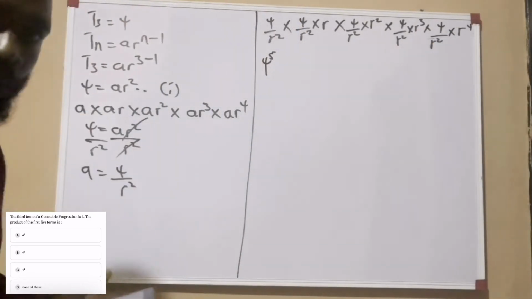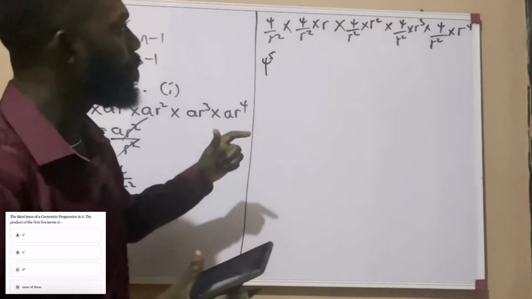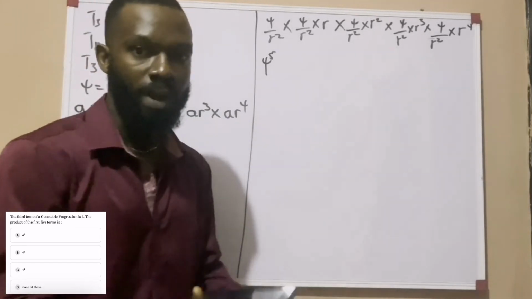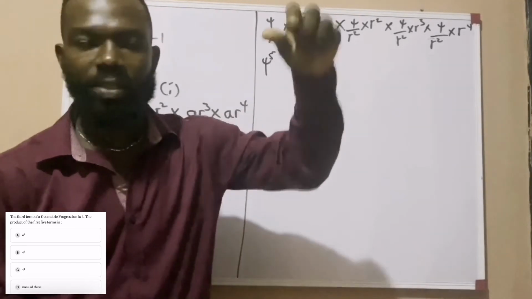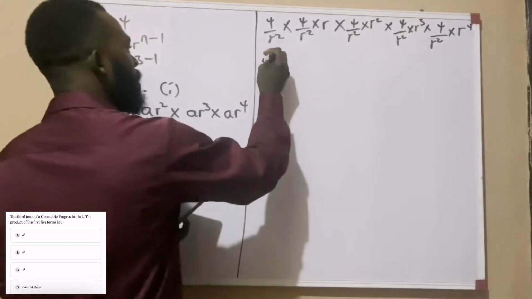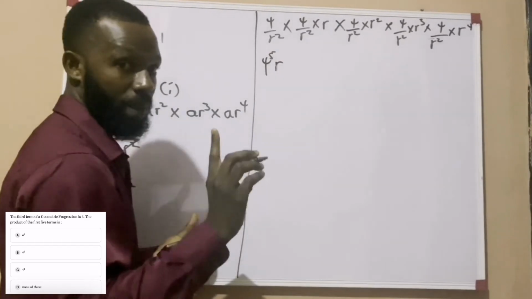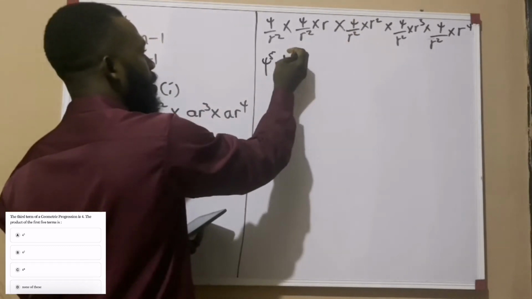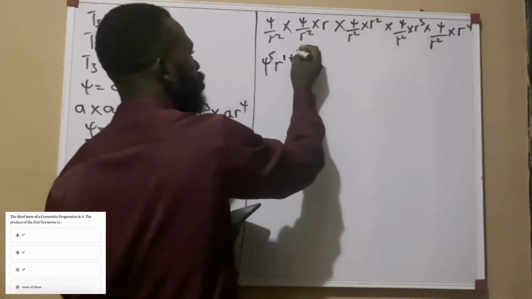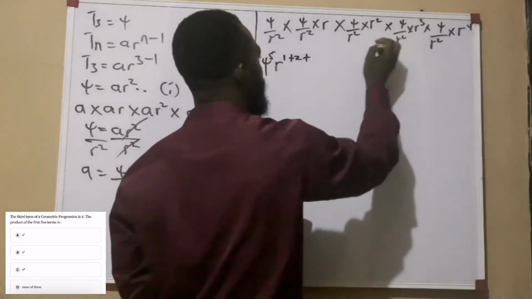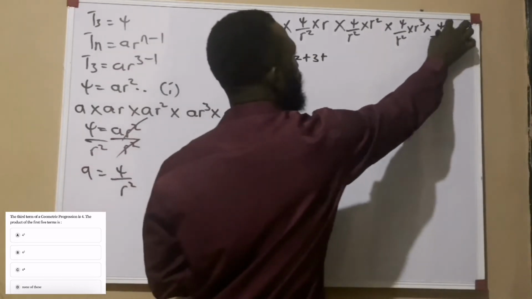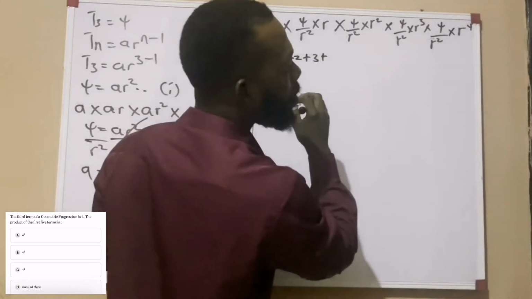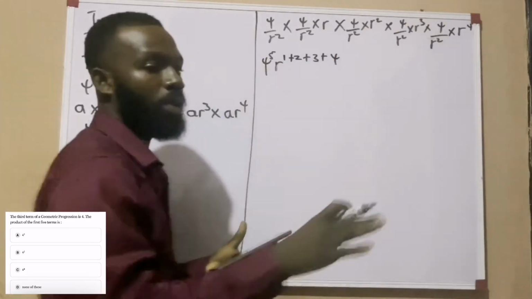Now, according to the law of indices, when the bases are the same and you are multiplying, you add the powers. So I will pick one of the bases, which is R. The power I have here is 1 plus 2 plus 3 plus 4. Now I've added all the powers.